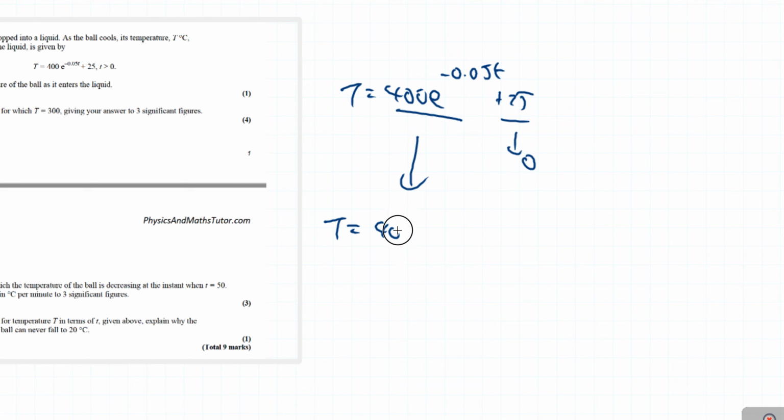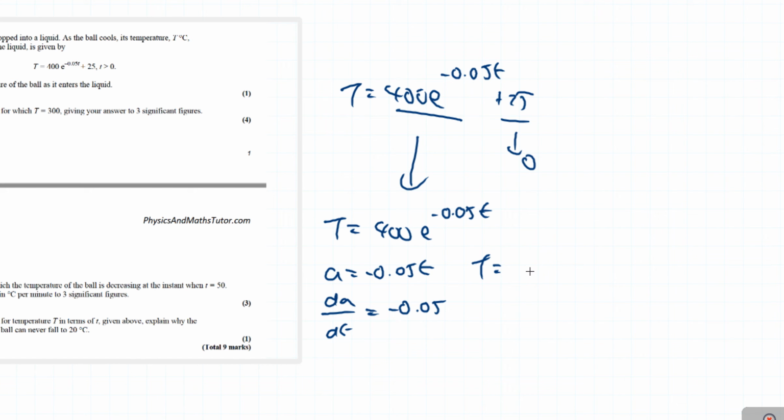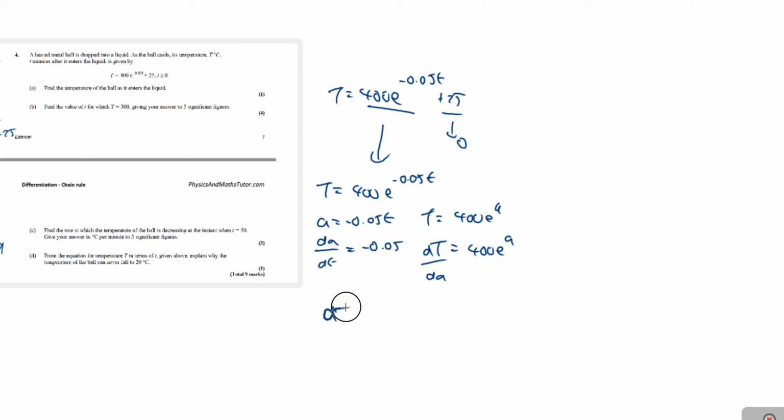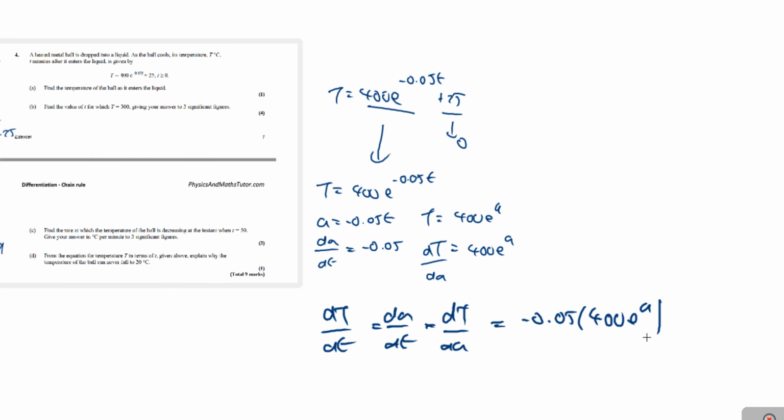we're going to say that if T is equal to 400 e to the A, we just split this up, then we can say that A is equal to minus 0.05t, and dA/dt is equal to minus 0.05, and then T is equal to 400 e to the A, and if we differentiate this, dT/dA is equal to 400 e to the A. So plugging this in, dT/dt is equal to dA/dt times dT/dA, that's equal to minus 0.05 times 400 e to the A. 400 times minus 0.05 is equal to minus 20.